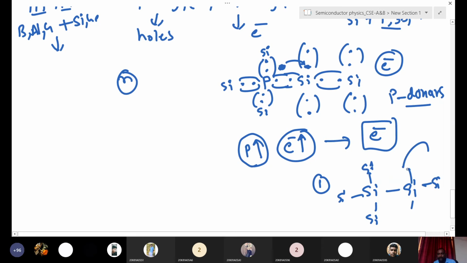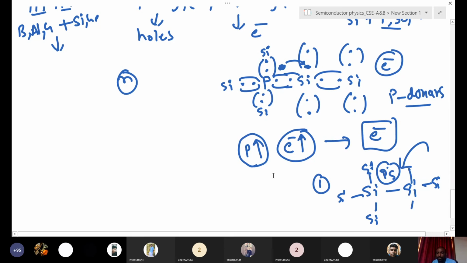In this network we are adding one phosphorus, one fifth group element. This phosphorus has 5 electrons. So 4 electrons will make 4 covalent bonds with silicon atoms, right? But phosphorus has one more extra electron, so that is ready to donate, or ready to make another covalent bond.